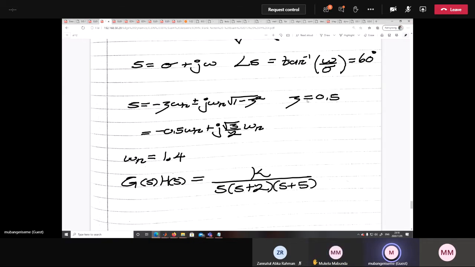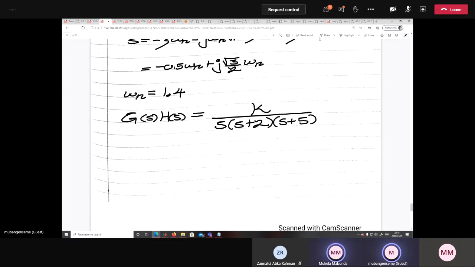If you take this combination, ignoring the s part for now, s squared plus 7s plus 10, right?